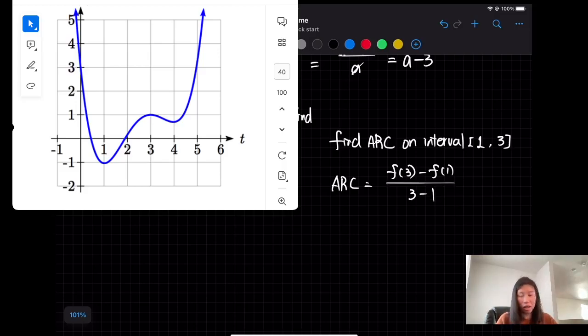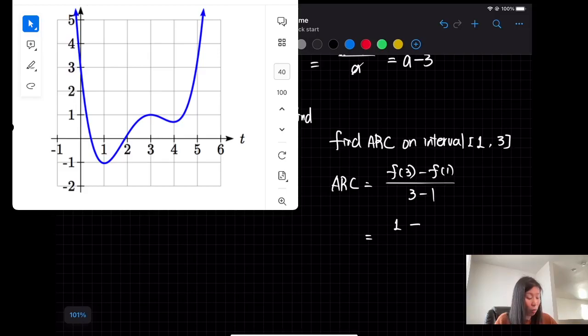Remember, f of 3 is y2 minus y1, right? So for f of 3, when you look at the graph, when x equals 3, f of x equals 1. When x equals 1, f of x equals negative 1. So remember that when you write this term, f of 1 equals negative 1.